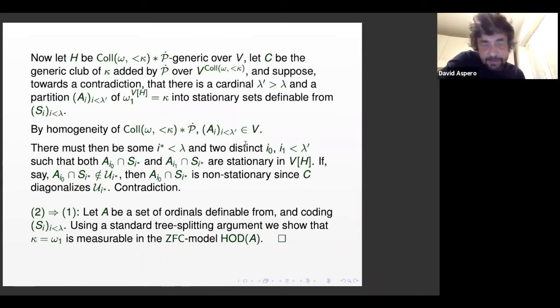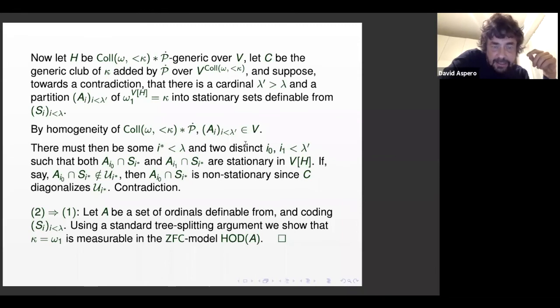So that's a contradiction. And for the other direction, you want to show that there's a partition of omega 1 into a small number of stationary sets, but there is no bigger partition into stationary sets definable from it.